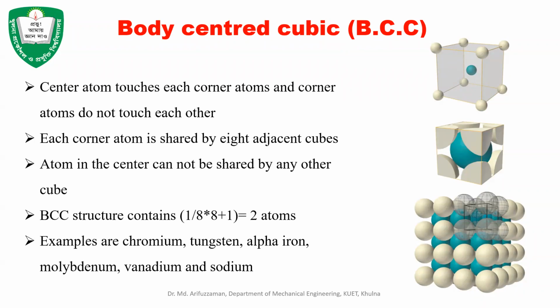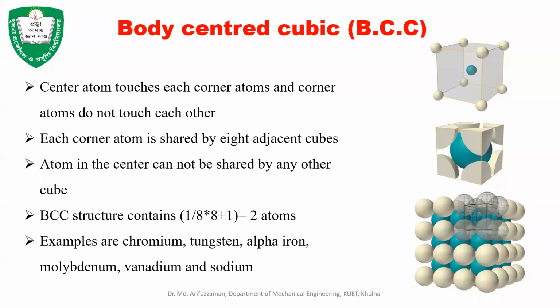The fraction will be 1/8, and there are 8 corners, so the corners of the body-centered cubic unit cell will produce 1 atom in total, and there will be another atom at the center of the unit cell, so a total of 2 atoms will be present in the body-centered cubic structure. The examples of body-centered cubic structure would be iron, chromium, tungsten, molybdenum.